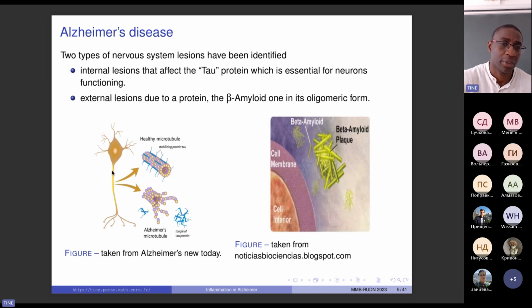It is through these microtubules that there is nutrient uptake, meaning the nutrients come in and reach the heart of the neuron. When the tau proteins are affected, they are in a tangled form, so the microtubules are disordered. That means the nutrients cannot reach the heart of the neuron, so we have the progressive death of the neuron.